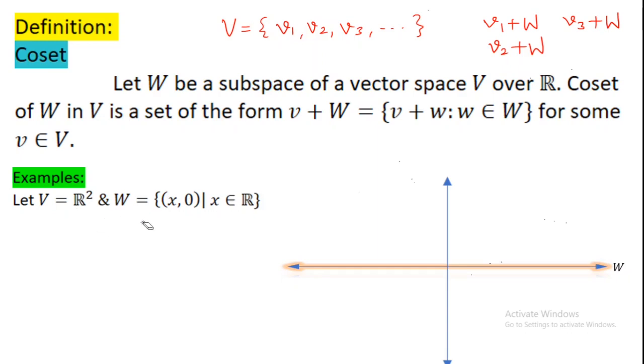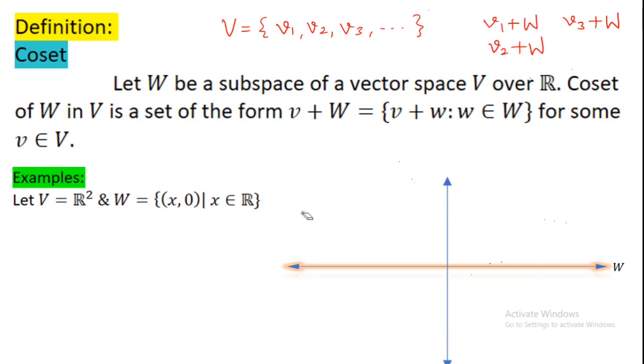In this example, we will find cosets of W in R2, right? First of all, let us understand what W is. Over here, I have given one diagram to you. This is our R2, the entire one. So this is our vector space.